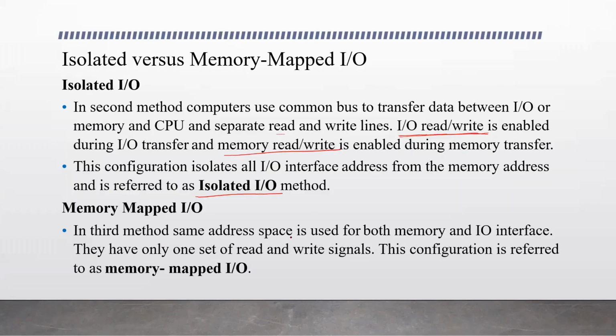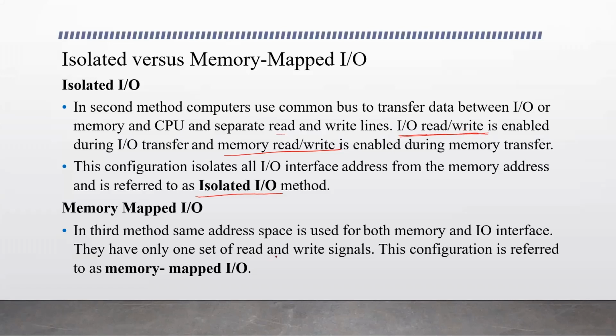The third configuration uses one common bus for memory and I/O with common control lines. In this method, the same address space is used for both memory and I/O. They have only one set of read-write signals. In the earlier, second case, we had two read-write signals: one for I/O, enabled during I/O transfer, and memory read-write signals enabled during memory transfer.